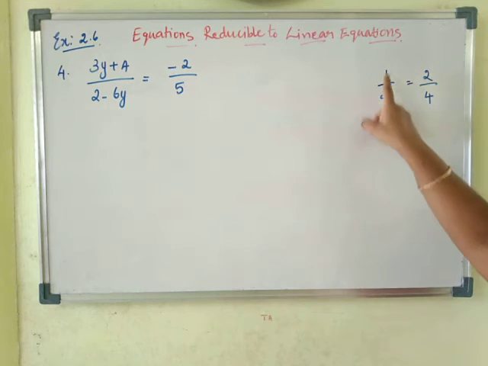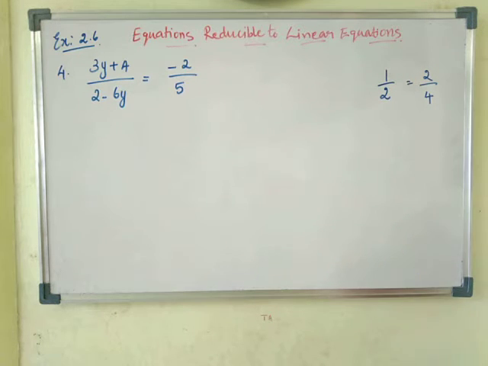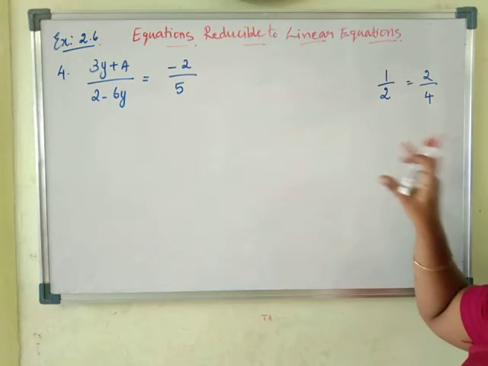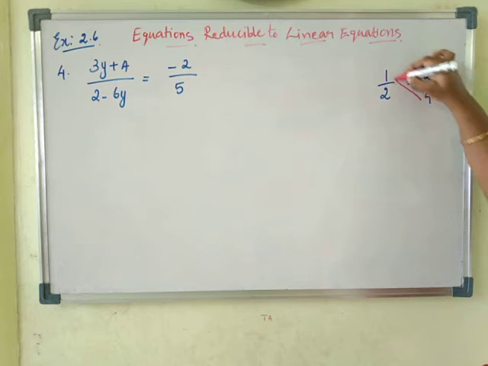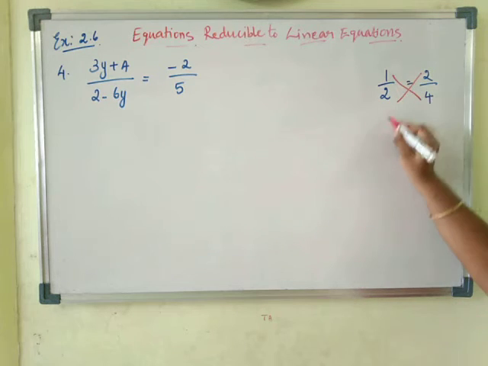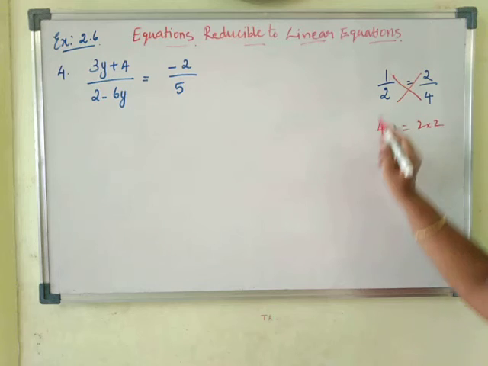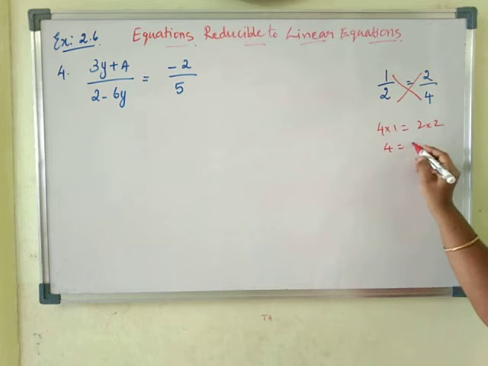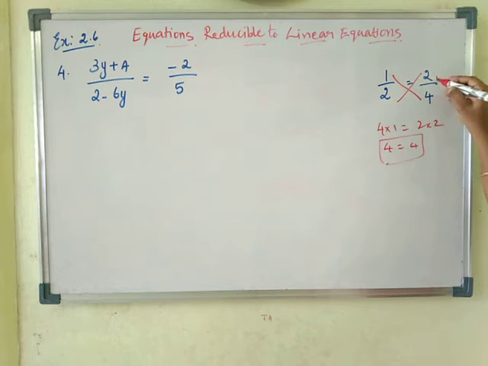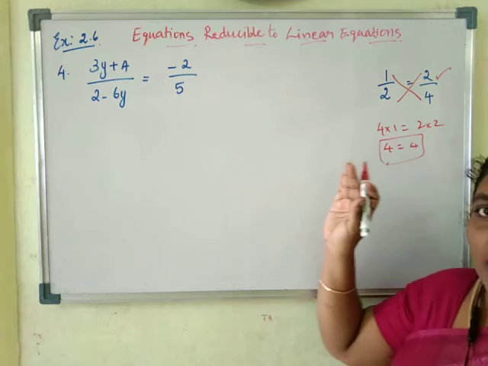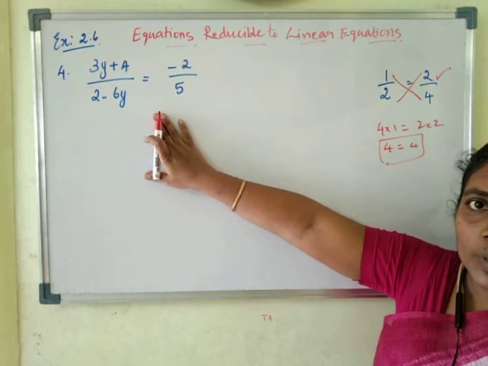How does this come? 1 2s are 2, 2 2s are 4. To prove whether it is equal or not, we have to cross multiply. 4 1s are 4, 2 2s are 4. So this is correct. The same way we are going to follow here.